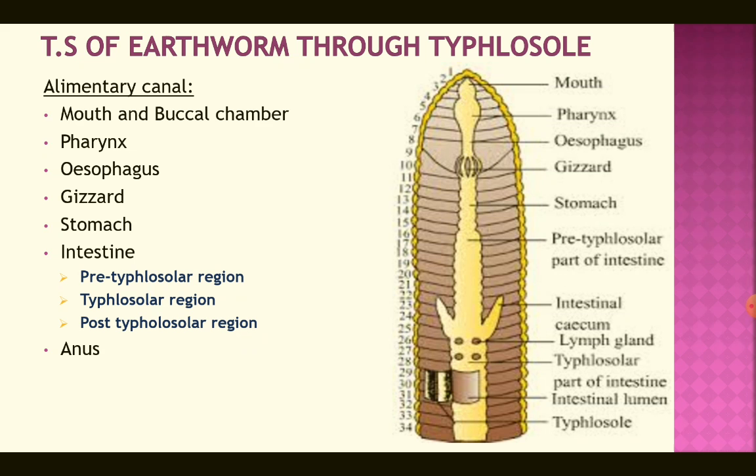Now, because of the presence of this Typhlosole, the whole length of the intestine is classified into 3 regions, and this Typhlosole starts from the mid-gut region, that is from the middle portion of the intestine. So based on the presence of this Typhlosole, the intestine is divided into 3 regions.